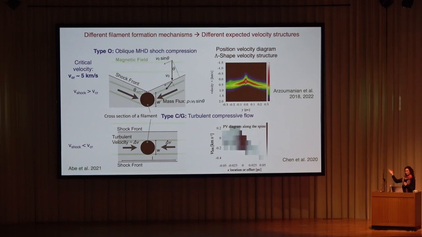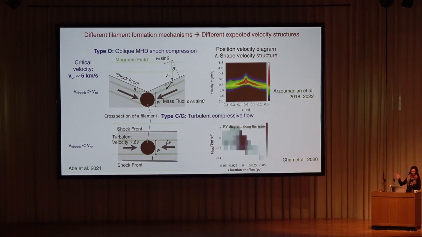That velocity structure would imply different modes of filament formation, and can also help to constrain the possible velocity of shock compression. In observations, there are some showing this kind of V-shaped velocity structure, and maybe some tentative linear velocity gradients.